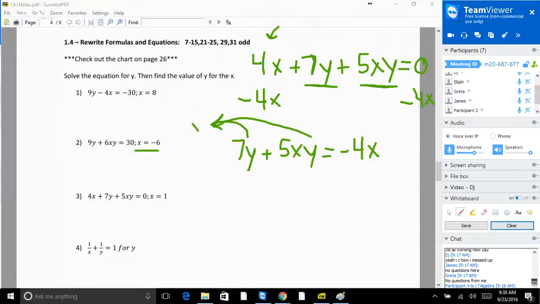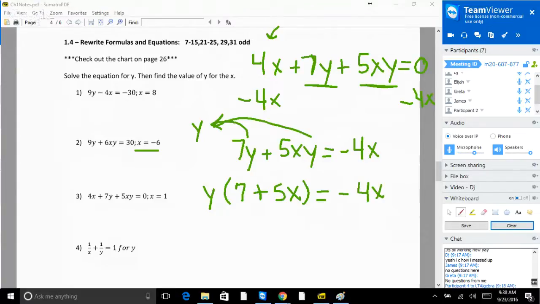All right, so I'm going to pull the y out of both of those. So when I pull y out of 7y, I'm left over with 7. When I pull y out of 5xy, I just get 5x equals negative 4x.